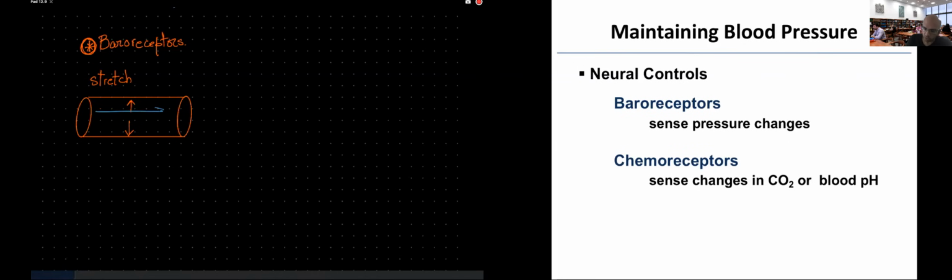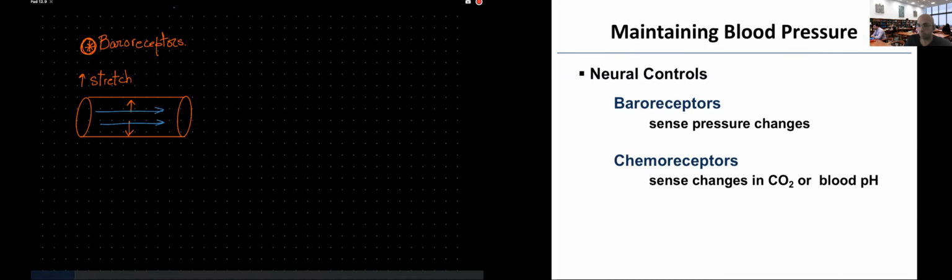This is a force applied by the blood flow on the wall of the artery. So if I'm detecting extra stretch, this means that there is more pressure or lower pressure, greater pressure or lower pressure. Higher pressure, definitely. So I have an increase in stretch.